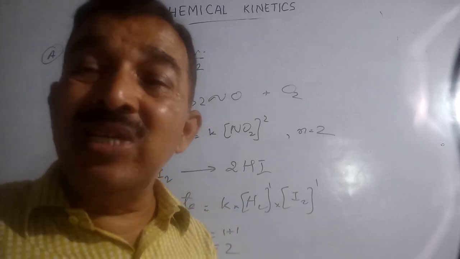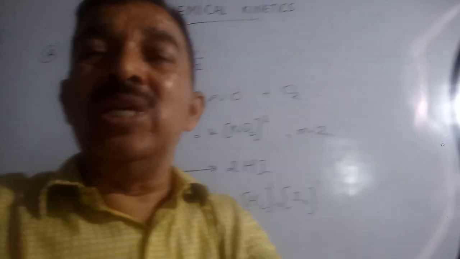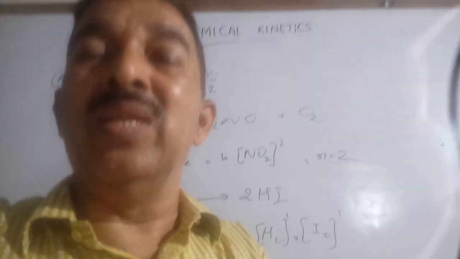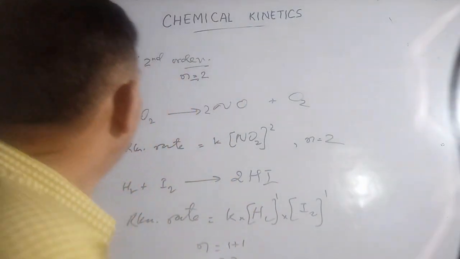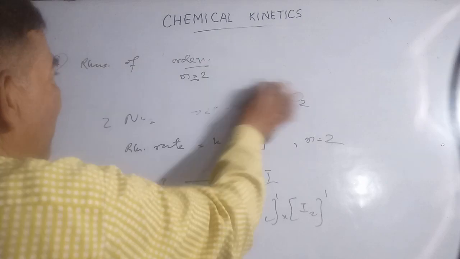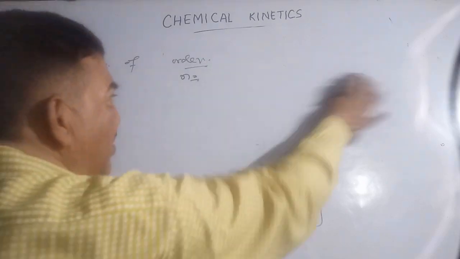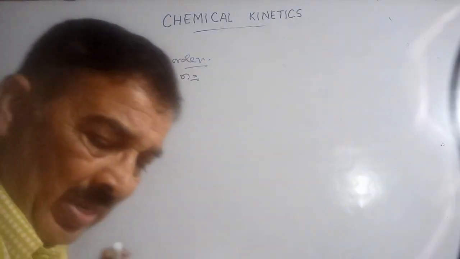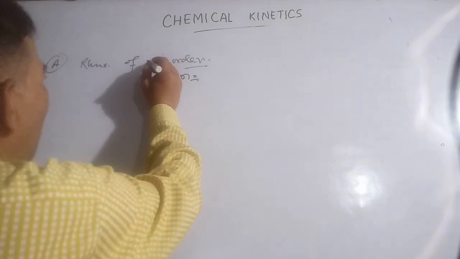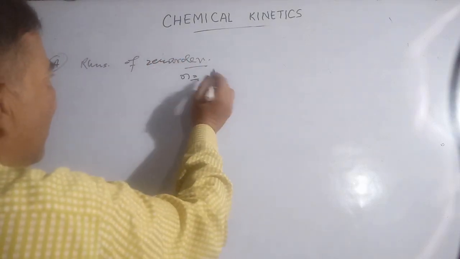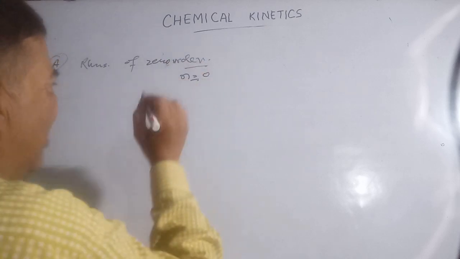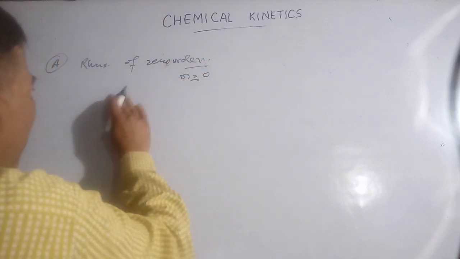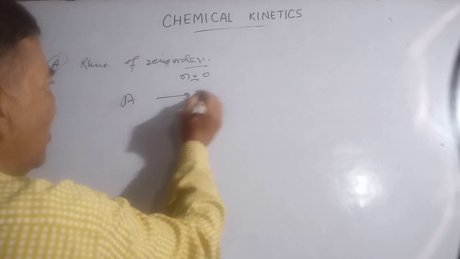Coming to zero order reaction. For zero order reaction, N is equal to 0. So let A gives products.